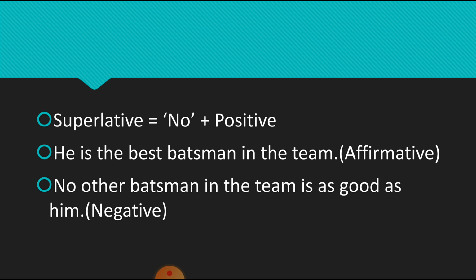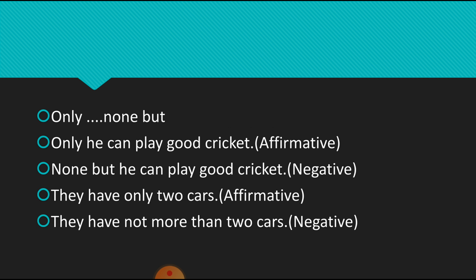See, we made it negative. So we have added no other batsman. He is the best batsman. So when we change it into a negative form, we have to make this sentence positive, and we have to add no. So, no other batsman in the team is as good as him.